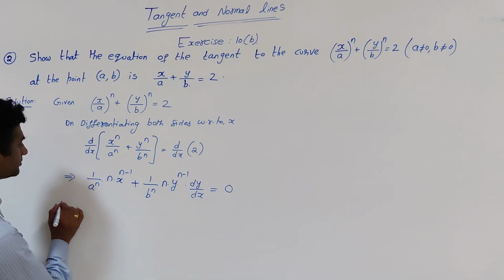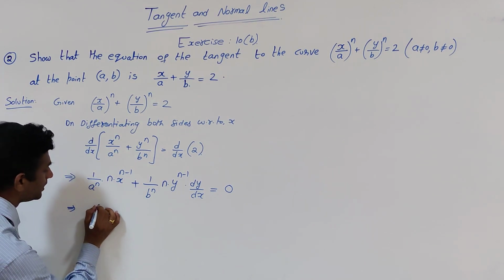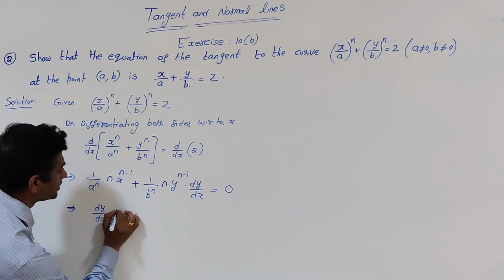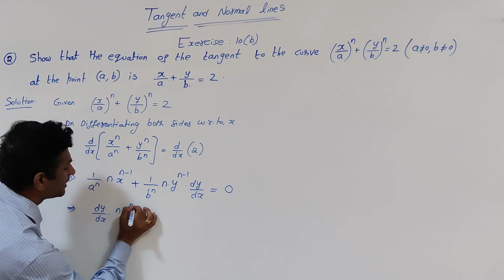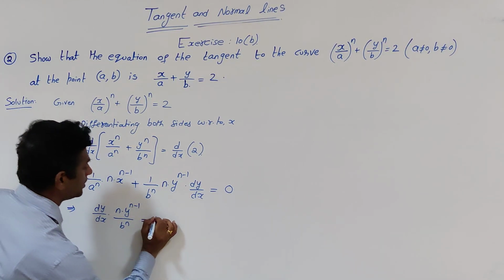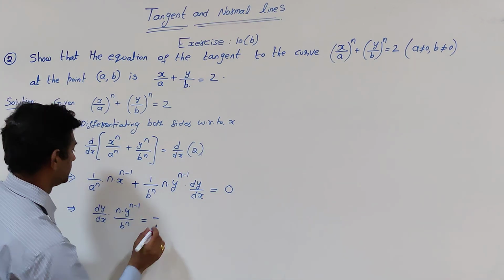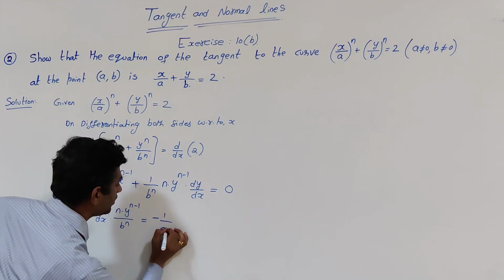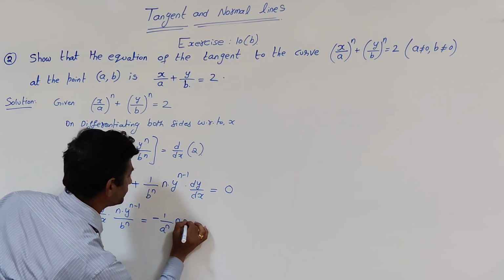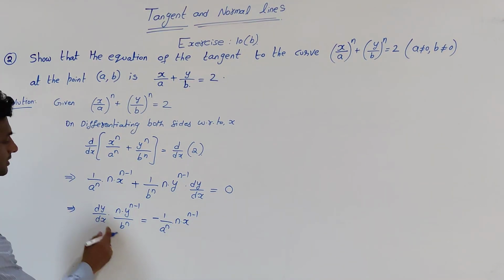And simplify: dy by dx into n y^(n-1)/b^n is equal to minus, if you take it to the right hand side, 1 by a to the power of n into n into x^(n-1), and take the cross product.